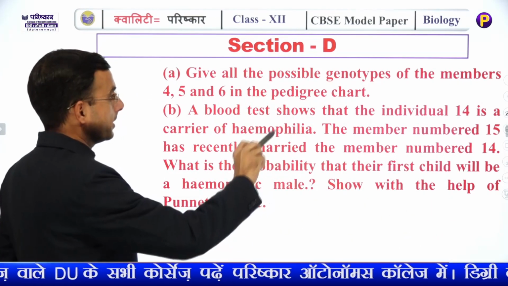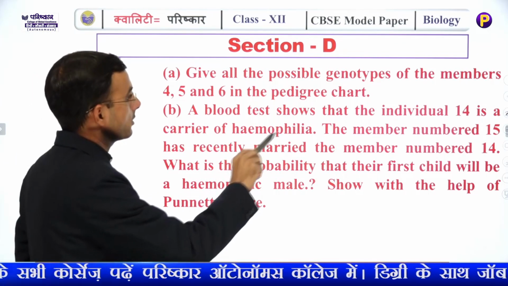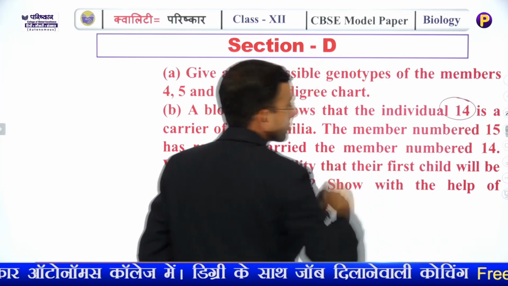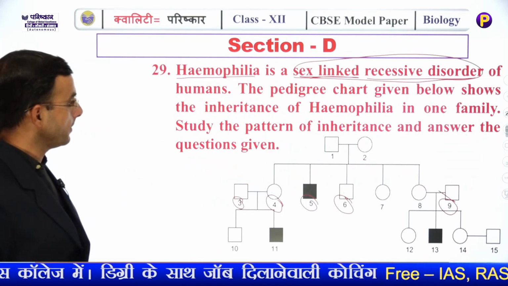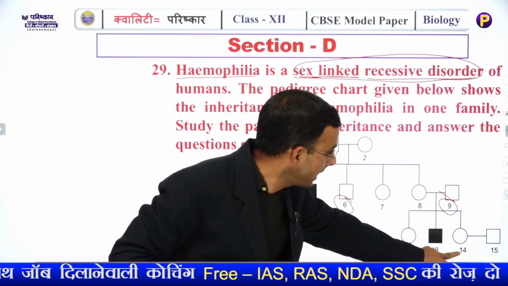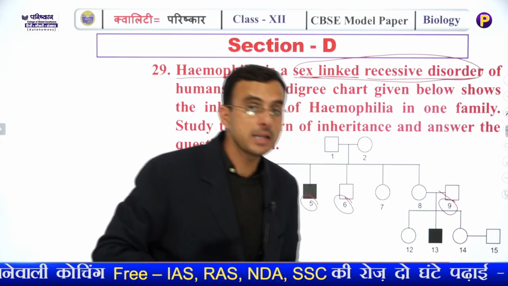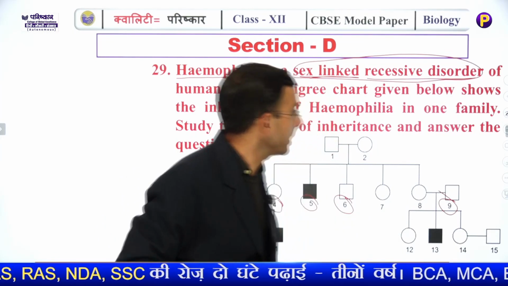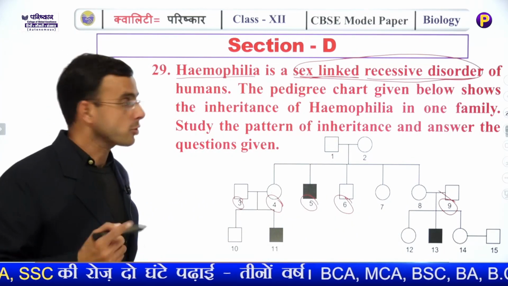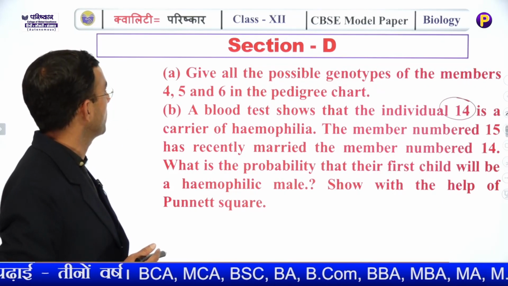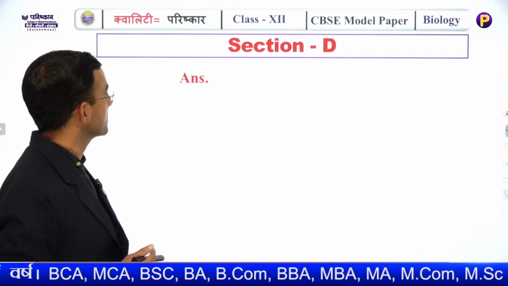Individual 14 is a female and a carrier, and 15 is marrying a normal person. So what is the ratio of their first child being hemophilic? So these are 2:1. Let us discuss the answer.